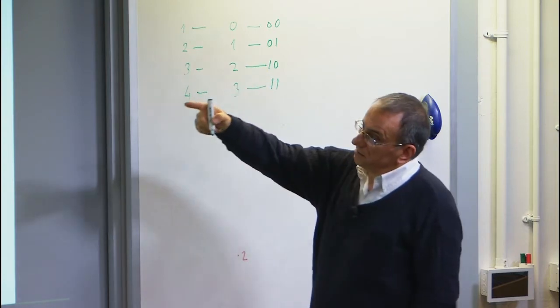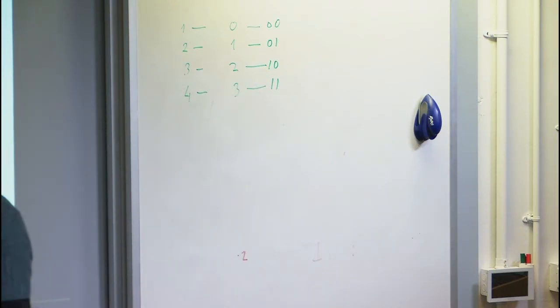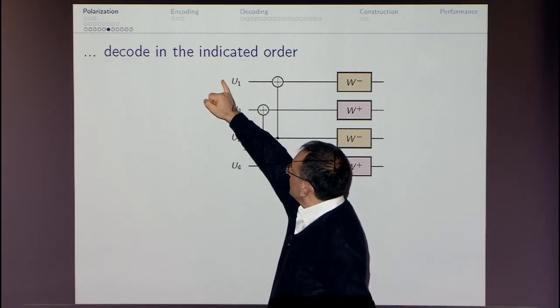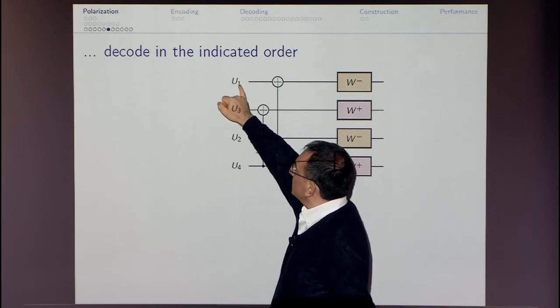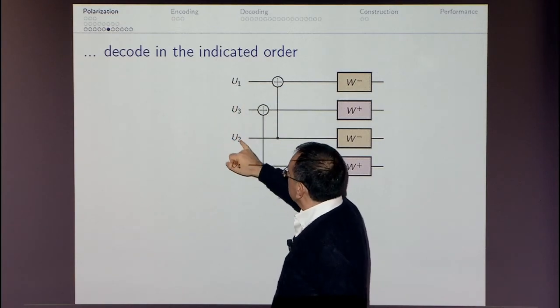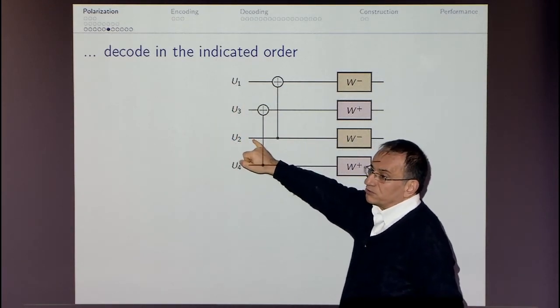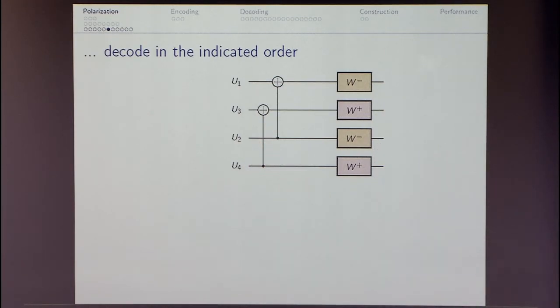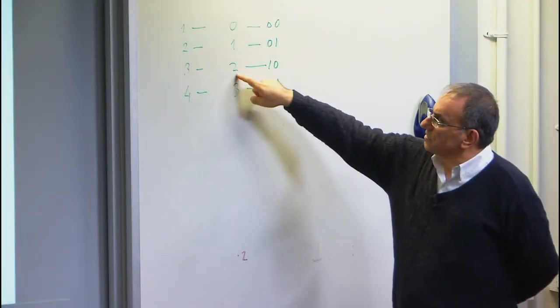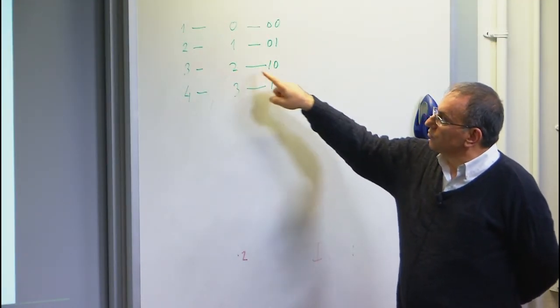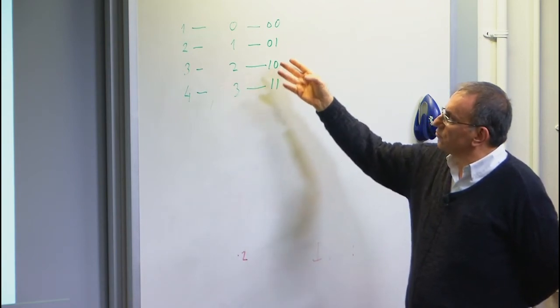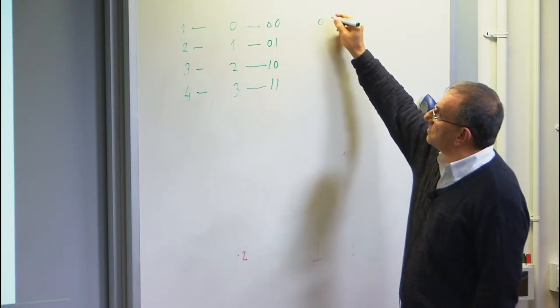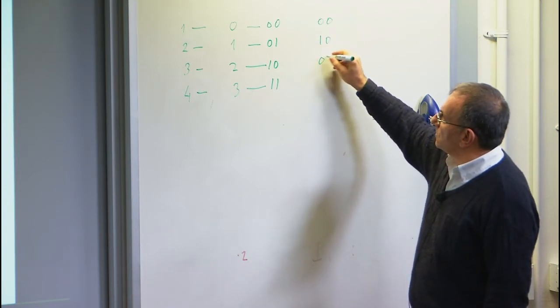I'm first decoding this one, index 0. The next thing I'm decoding is this one, the third wire. It has index 2. So it doesn't have index 1, but if you bit reverse everything here, you get the order in which I'm doing the decoding.